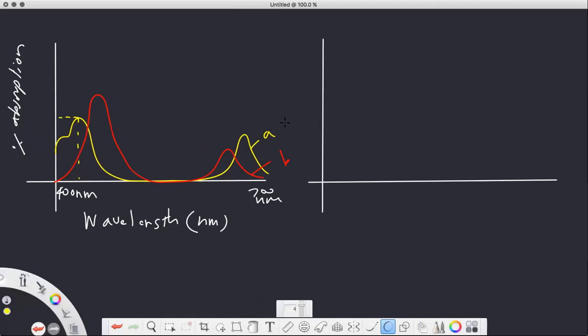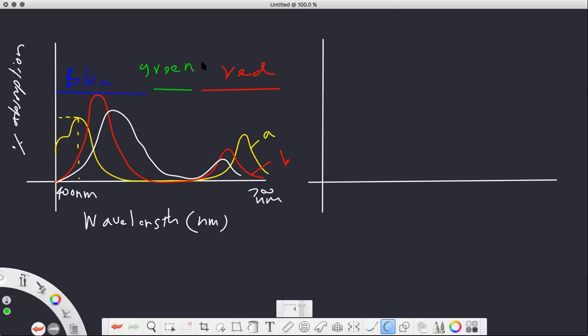If you take a carotenoid as one example of an accessory pigment, that can also absorb light at this, and then again like this. If we see, this area is the blue color area, this area is the red color area, and this area is the green color area.